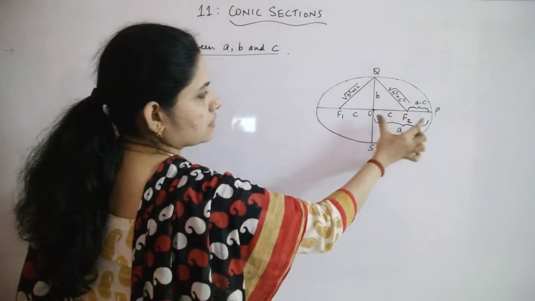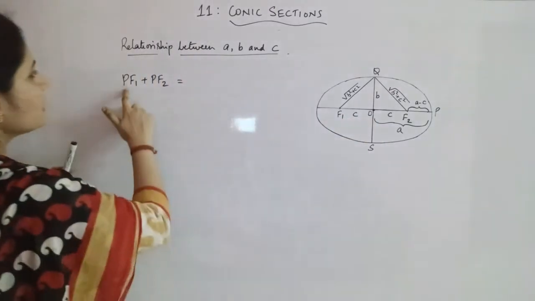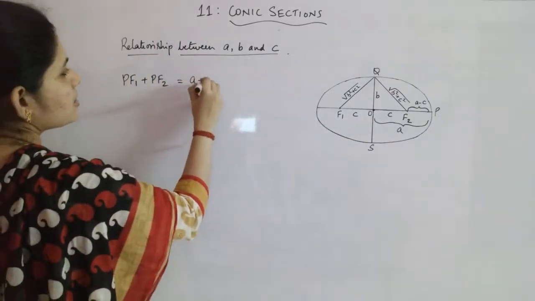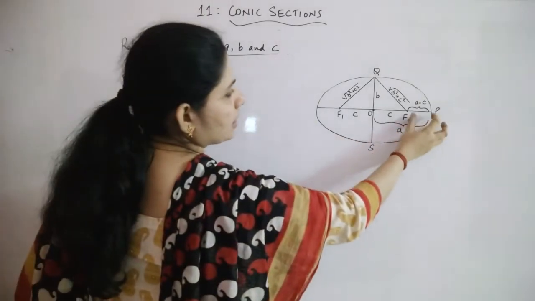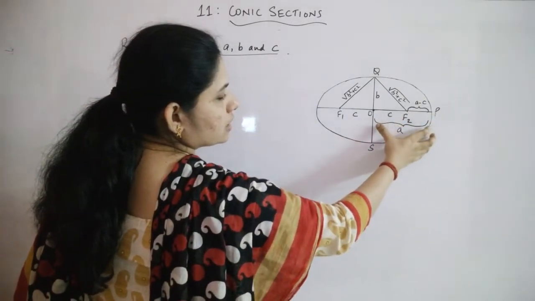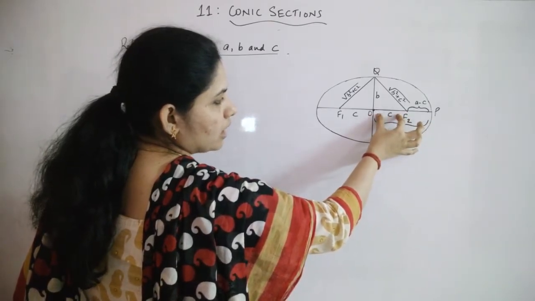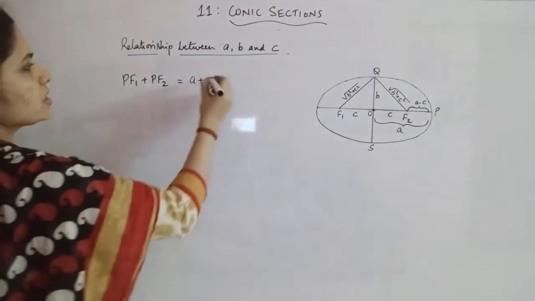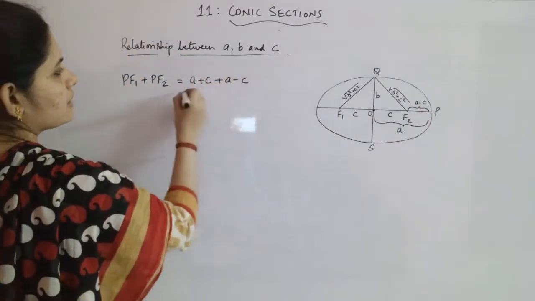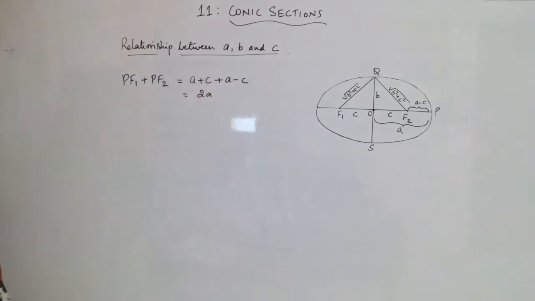PF1 is this distance, a plus c. PF2 is PO minus F2, which is a minus c. So PF1 plus PF2 is 2a.